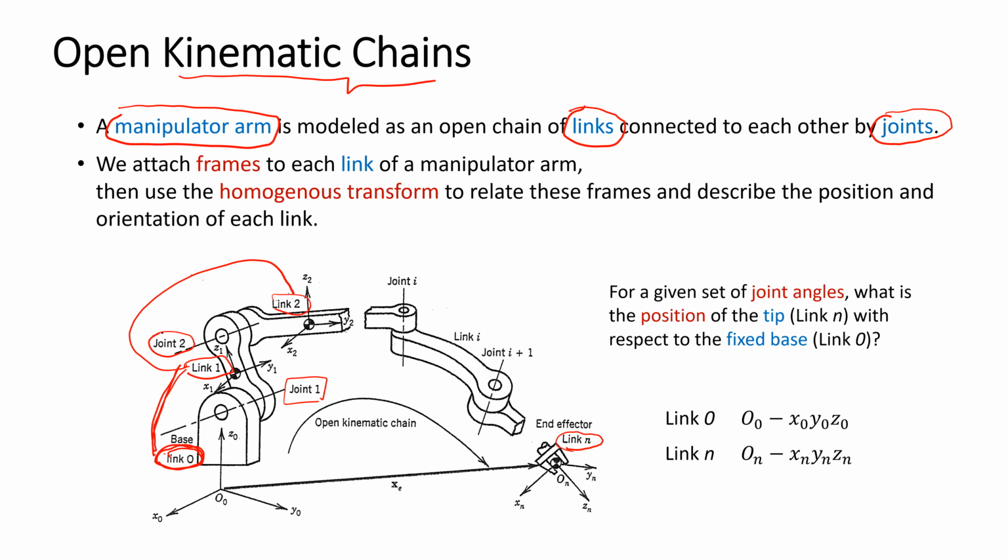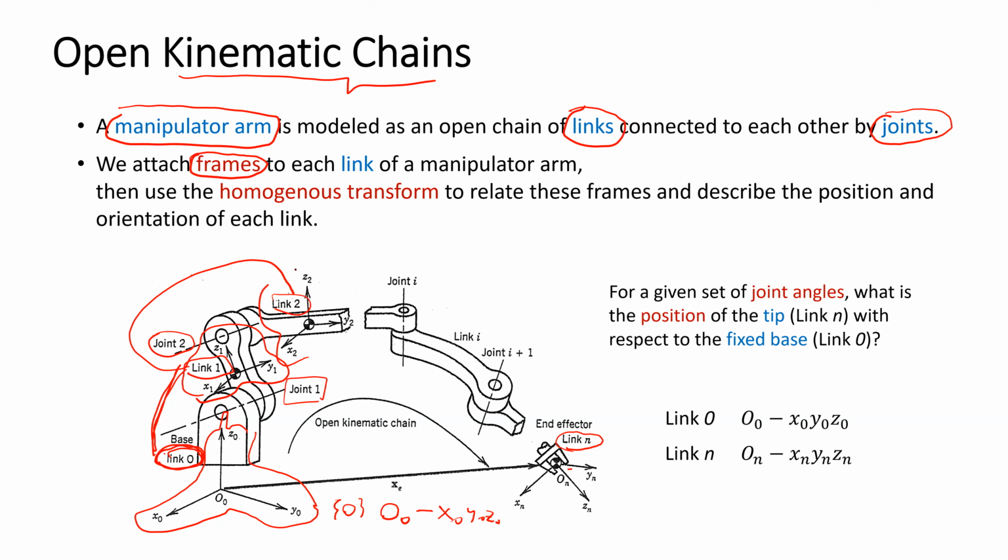And our idea is we're gonna attach the frame on each link on the manipulator arm. In this picture, you may see that for the base frame or link 0, they attach the frame 0. The frame 0 has the origin O0 and has the axes x0, y0, z0. For link 1 also, we attach the frame 1.